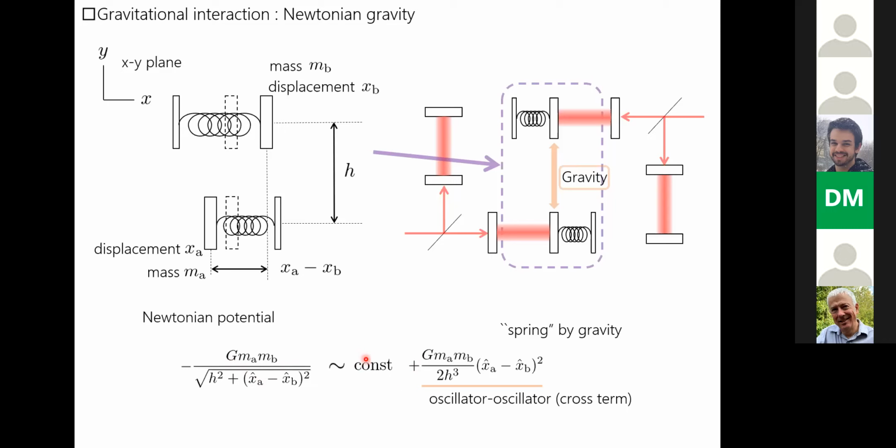Assuming that the oscillations are small, we obtain the approximate form of the Newtonian potential up to the quadratic order of the positions of the oscillators. Under this approximation, gravity just creates a law of the spring. The cross term appearing here corresponds to the interaction between the oscillators. This term induces quantum entanglement between the oscillators.